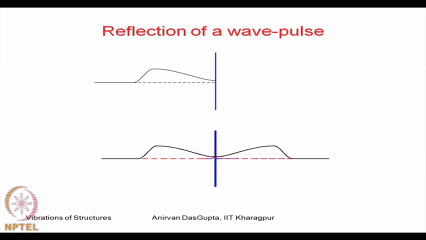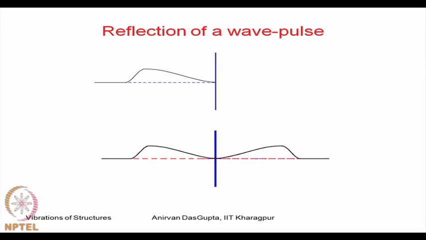You can see that the reflected wave is nothing but a mirror reflection of the incident wave, and these two waves superpose to give us the motion of the bar.